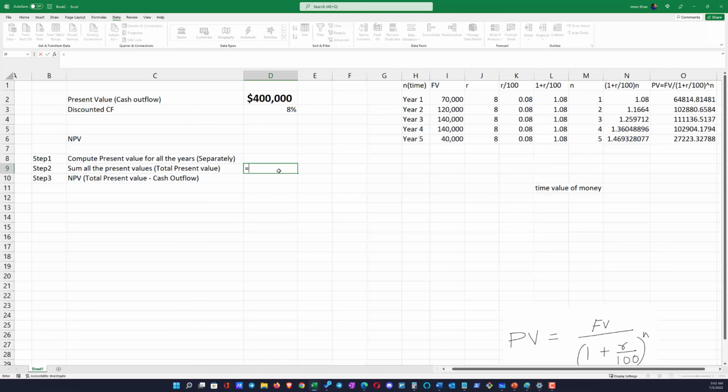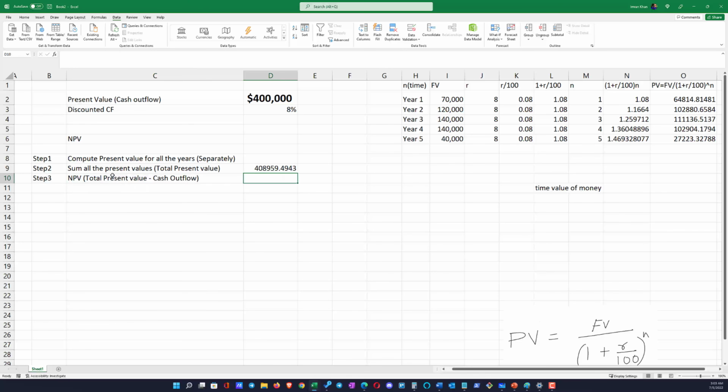I type equals SUM, open the brackets, and select all these years, because we're saying sum all the present values. I close the bracket and press enter, and we get $408,959.